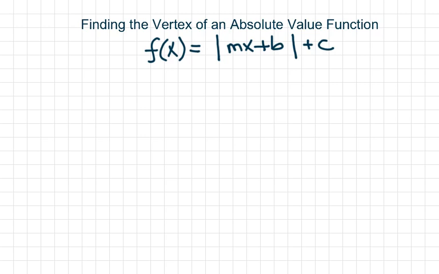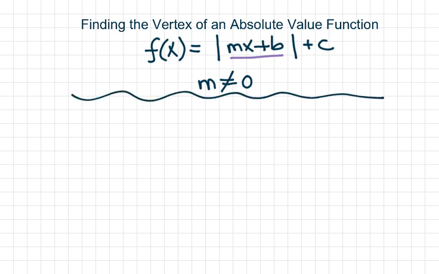Now this looks very familiar because it is the slope-intercept form of the equation of a line. We have to note too that this equation for the absolute value function occurs when the slope does not equal 0.